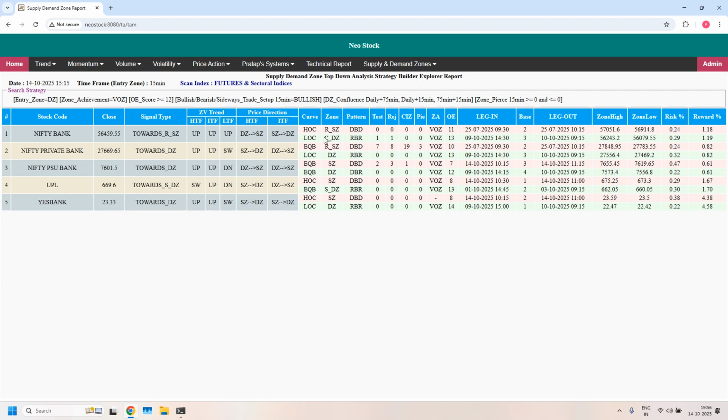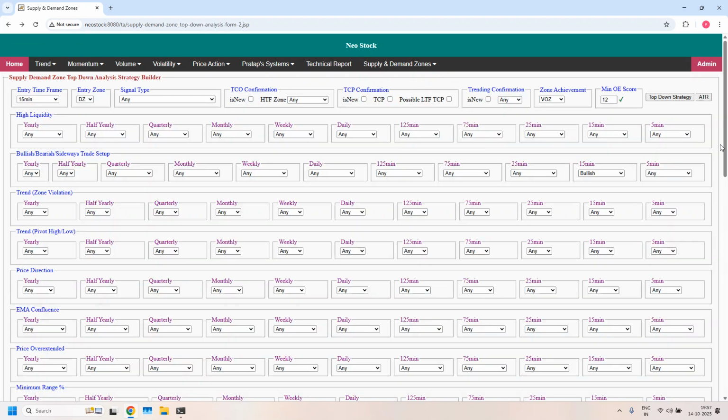So these 15 minutes demand zones might have more high probability to get success, provided lesson 20 checklist items are satisfied, otherwise higher chances of the zone violation. Okay, next one is LTF, ITF, HTF demand zone confluence and HTF EMA confluence, the second strategy.